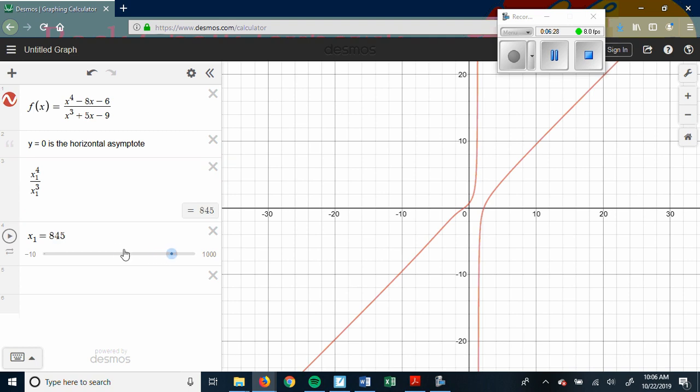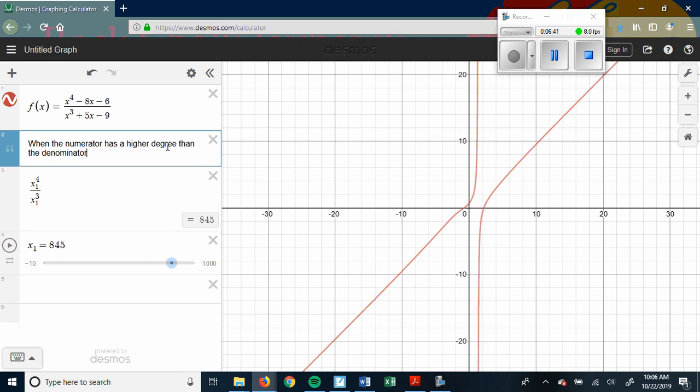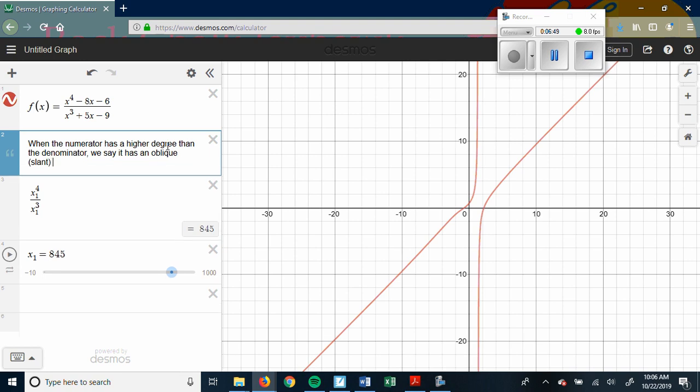As x increases, our y value increases. So when the numerator has a higher degree than the denominator, we say it has an oblique, sometimes called a slant, asymptote. It no longer is horizontal, it's a slant asymptote.